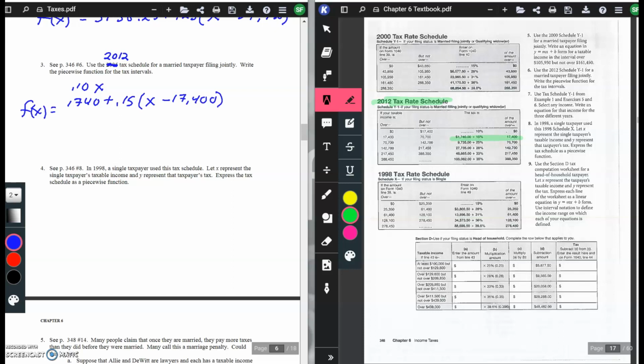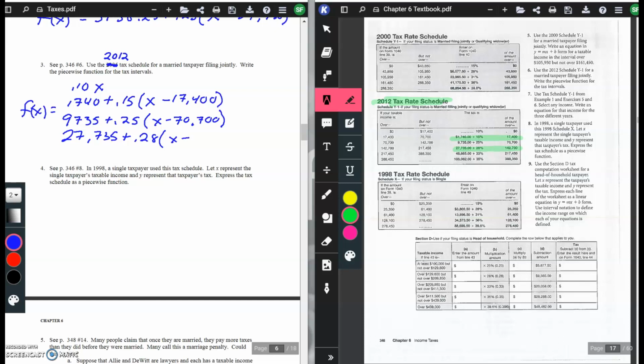Our third one is going to be 9735, our minimum tax, plus 0.25 or 25% of the amount over 70,700. Our fourth one, right here, our minimum tax is $27,735 plus 28%, so 0.28, of the amount over $142,700.